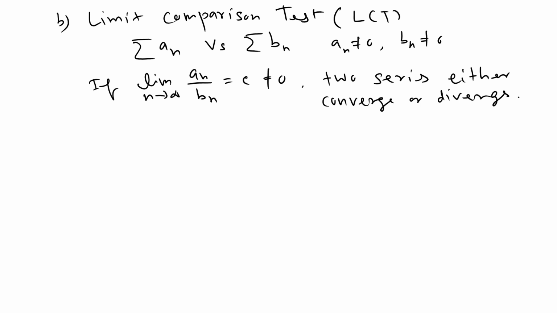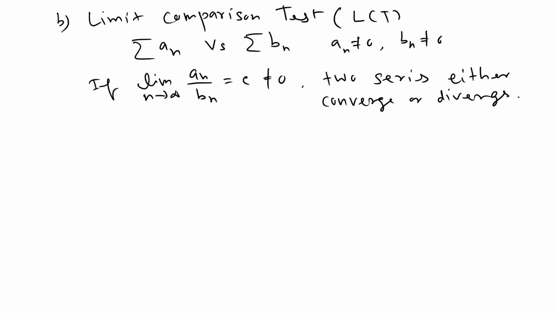So what does it mean that you get a limit, a constant? You get a limit, a constant, means the terms of one series are just a constant multiple of the other one for large n, or very close to it. So just a constant multiple. That means you can pull the multiple out. So that's why the two series behave the exact same way, because they're controlled by the other one.